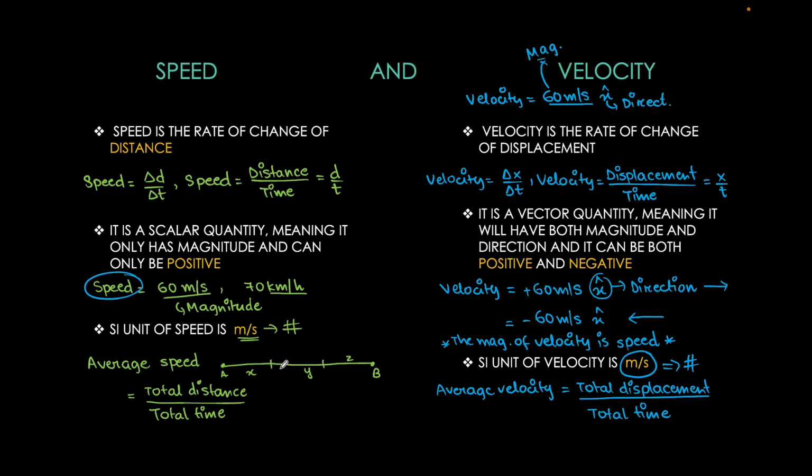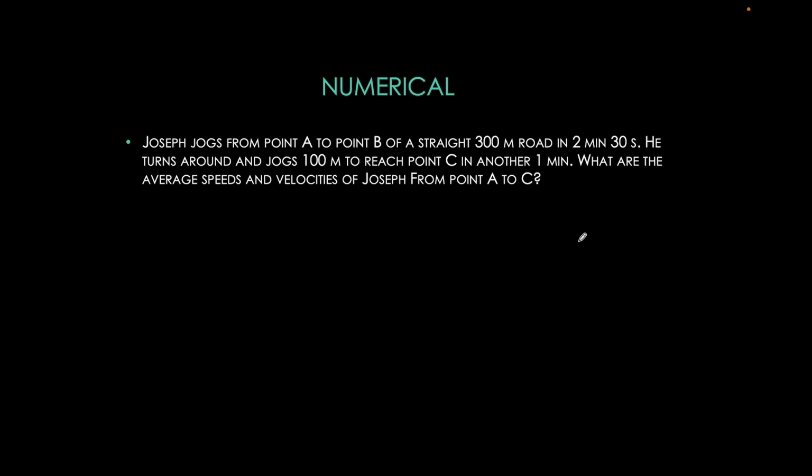So in case of speed, we use total distance by total time, and in case of velocity, we use total displacement by total time. Rest everything is the same. So let us solve a numerical now. After every topic or concept, I'll be trying to solve at least one numerical so that you can relate to the concept better and understand it. Okay.